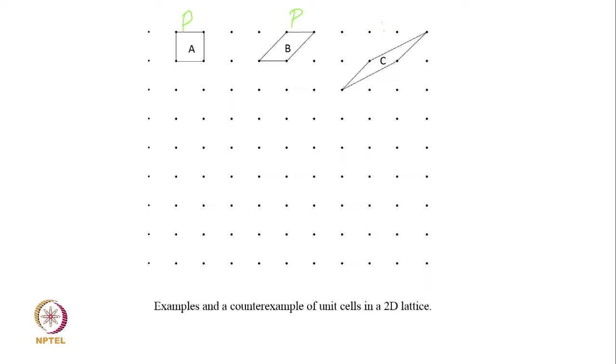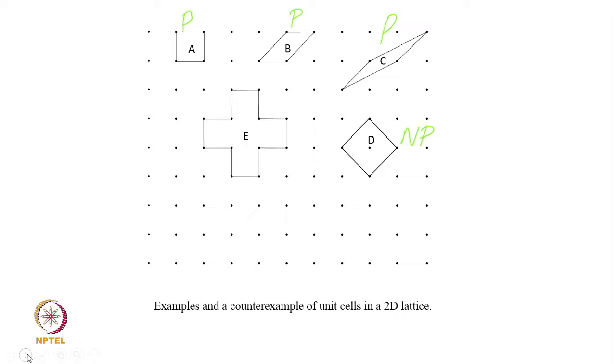C primitive, D non-primitive, E primitive, non-primitive, not a unit cell. Should be a unit cell.